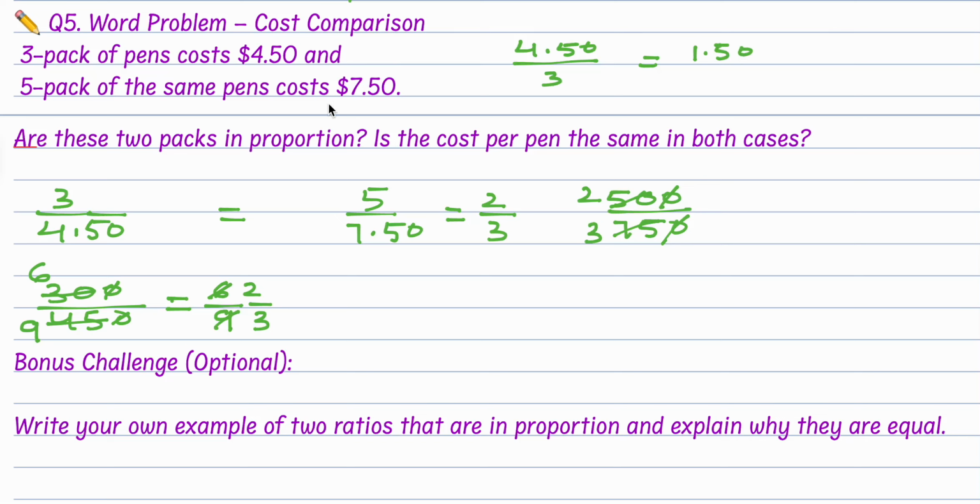And if I see the other situation where 5 packs are of $7.50. So is it the same? So cost of 1 pen will be, when you have to divide it by 5, this is also 1.50. So yes, in both the cases the cost of 1 pen is $1.50. So that means they are in proportion.